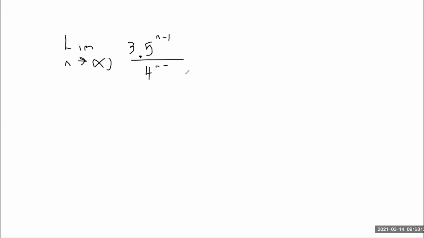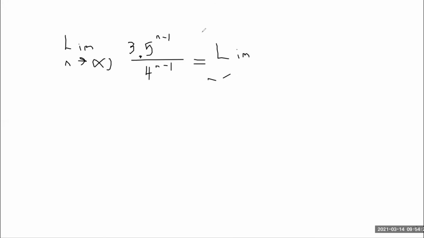Now, many persons might say, looking at this, both of them have 5 to the n minus 1, so you might be inclined to divide through by 5 to the n minus 1, but would that be helpful? Let's do it that way and see. We divide through by the highest power, 5 to the n minus 1.